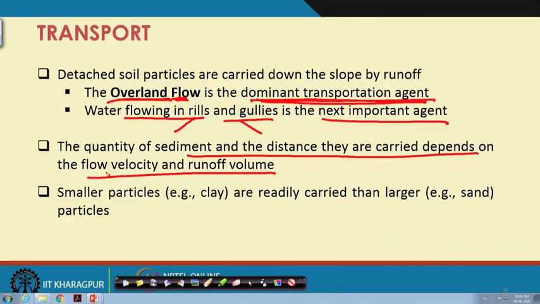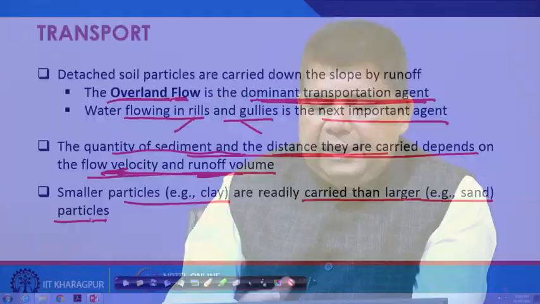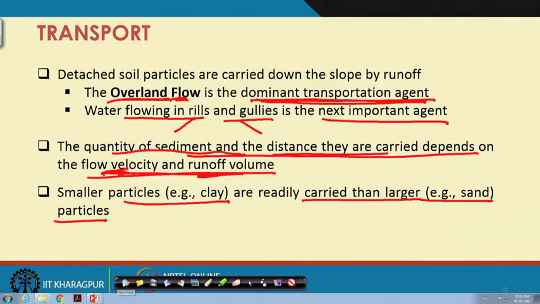If either flow velocity is high or runoff volume is high, or both, then the sediment will get transported in a much larger quantity and carried away to far off places. Smaller particles, that is clay, are readily carried as compared to large particles or sand particles. So, once again, in detachment it is the sand, which is larger in size, that is usually detached, whereas clay, which is smaller in size, is easily transported.